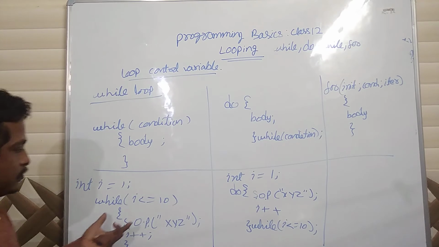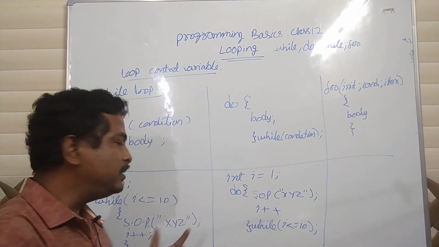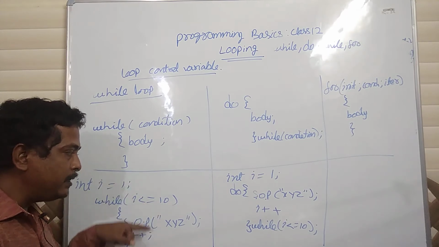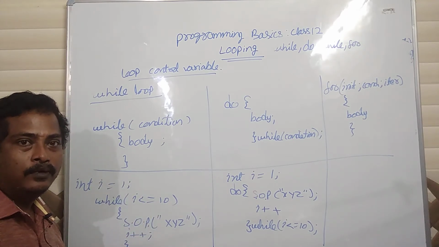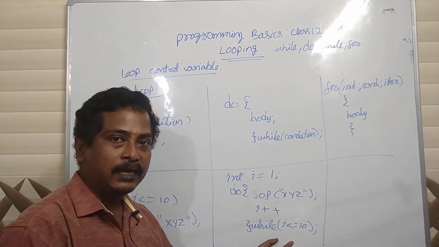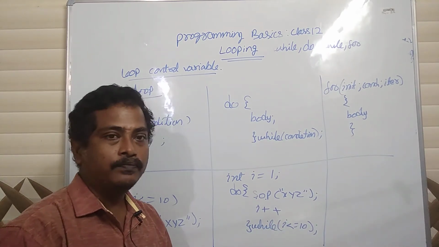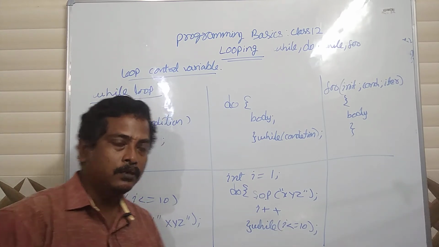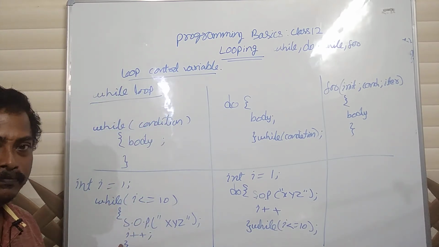So what is the difference between while and do while? The difference is in while condition is checked while entry into the loop, whereas in do while condition is checked while exiting from the loop. So what happens? It is called exit control loop. It is called entry control loop.